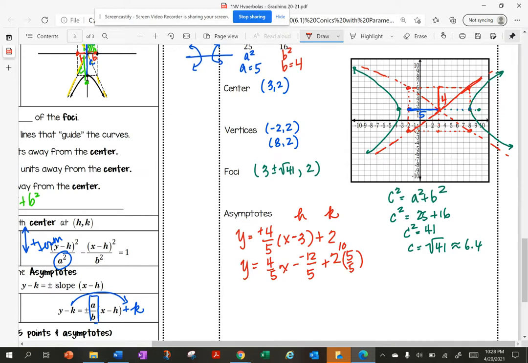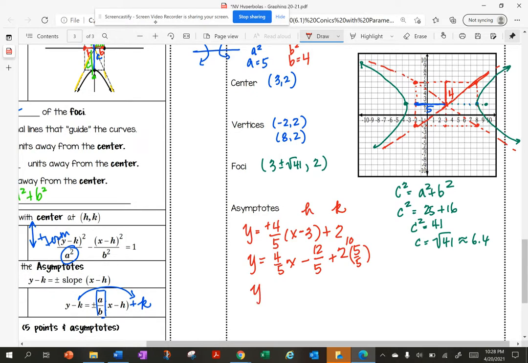I guess I wrote minus up here. It's really just minus here. There we go. So now I'm going to simplify. So I have y equals 4/5 x, and I have minus 12 and plus 10, so I have minus 2/5.